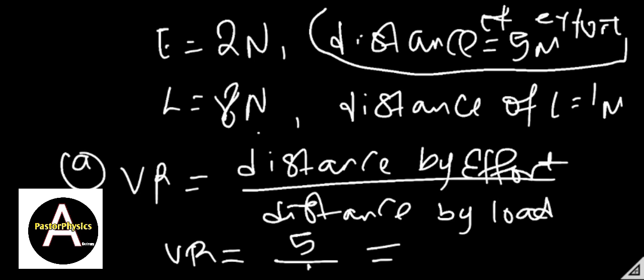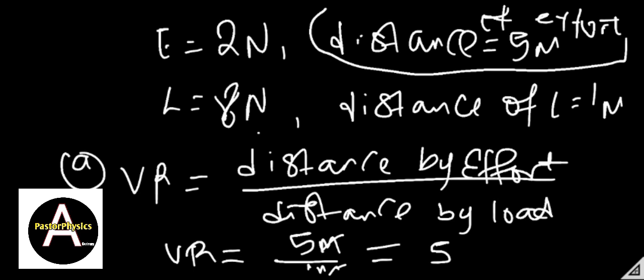So 5 over 1 is 5. The velocity ratio of the machine is 5. What is the unit of velocity ratio? It doesn't have a unit because distance moved by effort and distance moved by load have the same unit. 5 m over 1 m, m cancels m, so there is no unit.